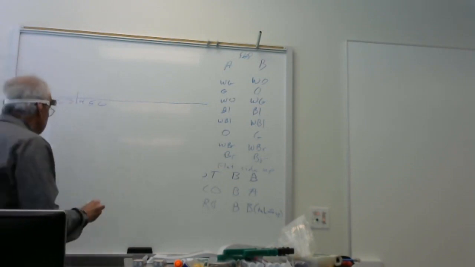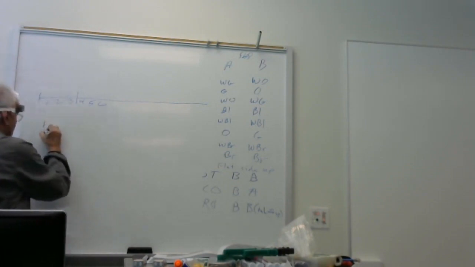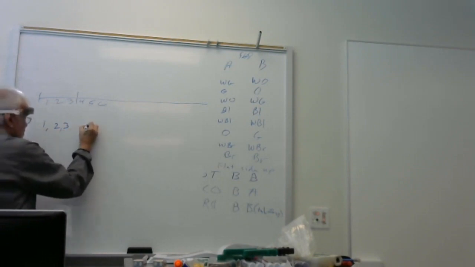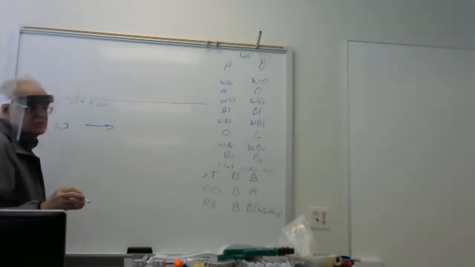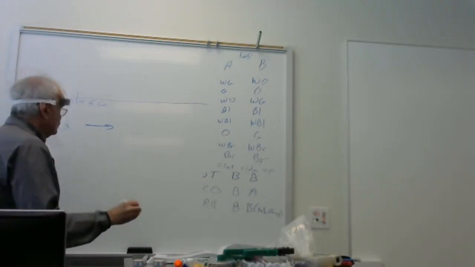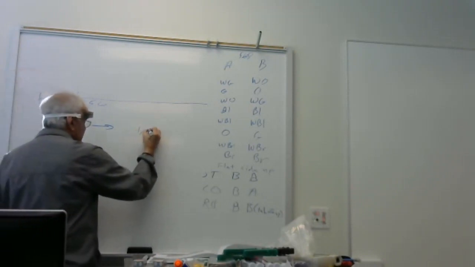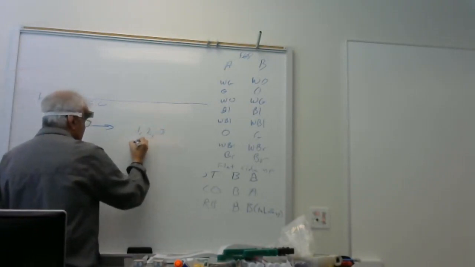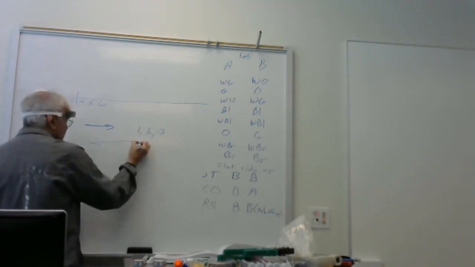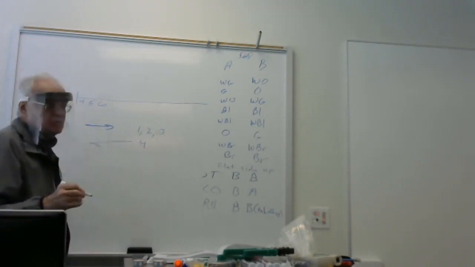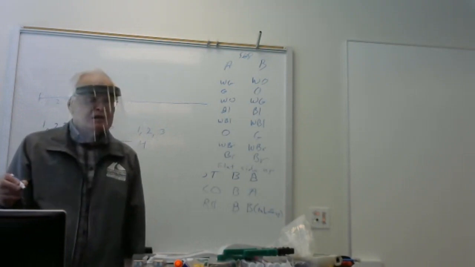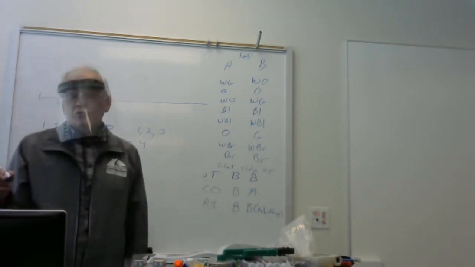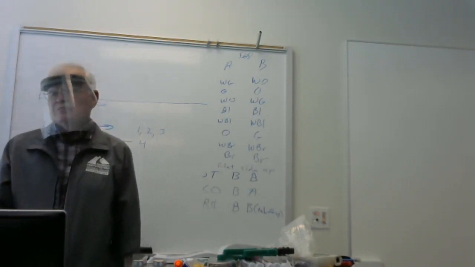Machine 2, so it's sent 1, 2, and 3. Machine 2 receives 1, 2, and 3. It will send back a number 4. Because what it said is, I got through 3, start with 4 sending to me.